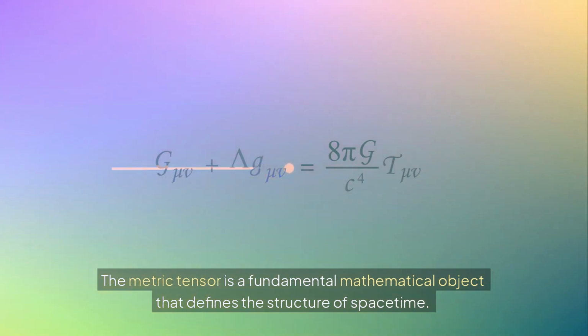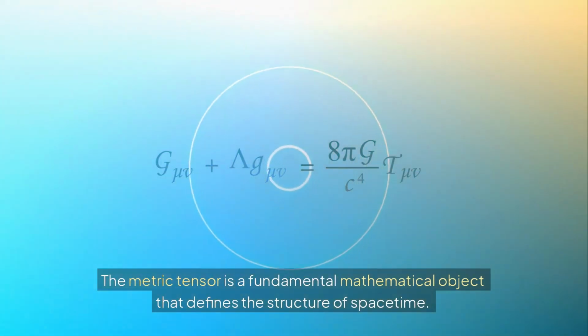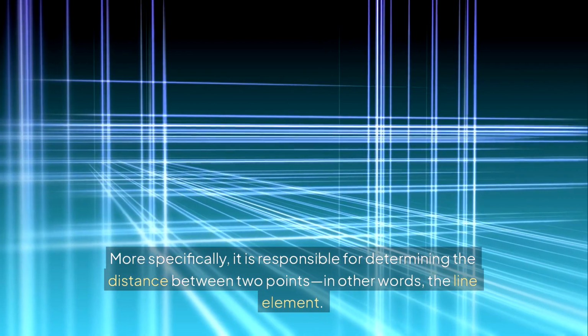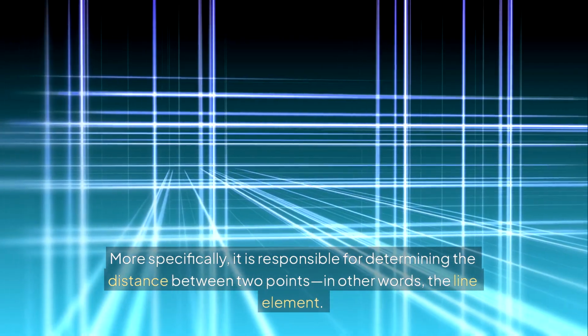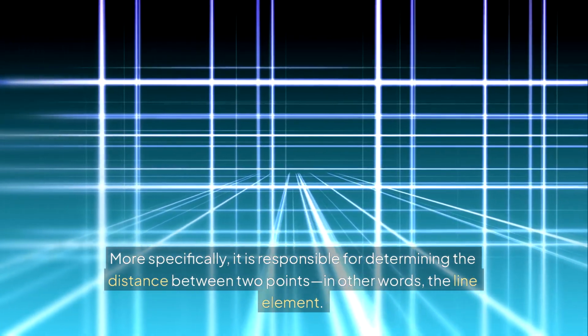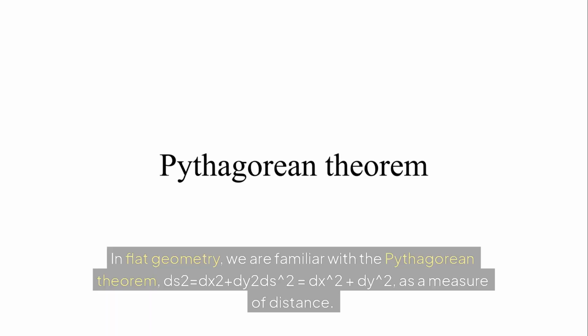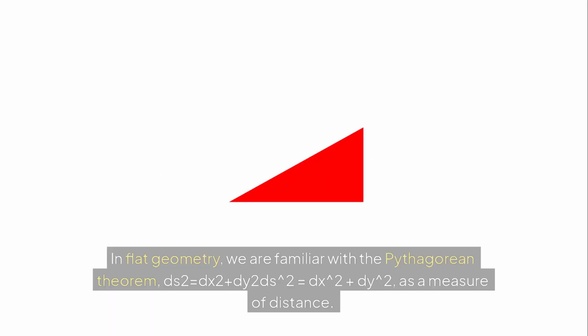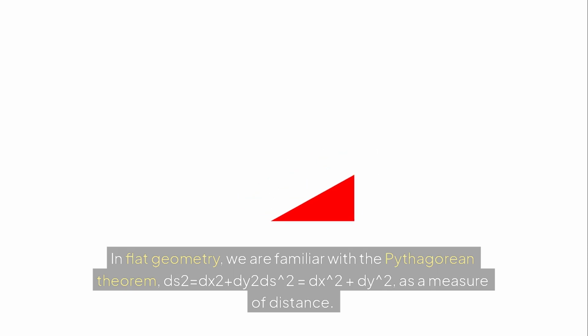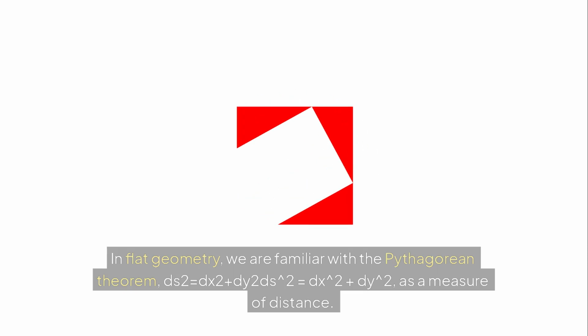The metric tensor is a fundamental mathematical object that defines the structure of spacetime. More specifically, it is responsible for determining the distance between 2 points, in other words, the line element. In flat geometry, we are familiar with the Pythagorean theorem, ds² = dx² + dy², as a measure of distance.